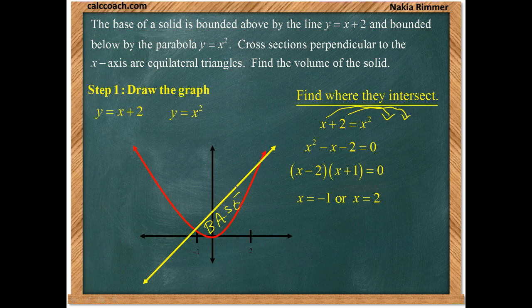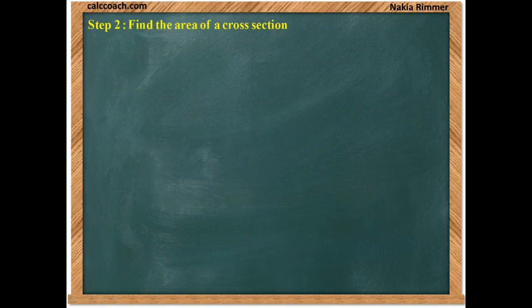Now here's what we're going to do. Perpendicular to the x-axis, we're going to have equilateral triangles shooting out of the screen. And that's going to give us some three-dimensional shape, and our job is to find the volume of that shape. The side of the equilateral triangle goes from the line down to the parabola. Let's find the area of a typical cross-section.